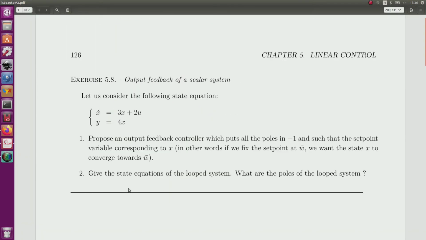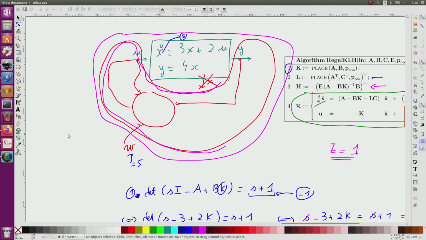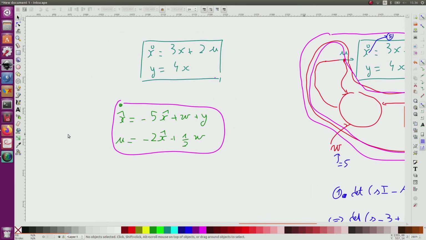Question number 2. Give the state equation of the closed loop system and what are the poles of the closed loop system. So it was my system, and recall that I have now two systems.